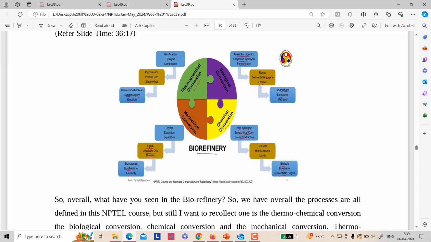It will produce cellulose, hemicellulose, lignin, and finally, from there we can produce biofuel, bioethanol, fermentable sugars. Last one is the mechanical conversion. Here the methods used are drying, extraction, separation. Here also lignin can be produced as well as vegetable oils, biofuels are also produced, and it will lead to biomaterials, biochemicals and electricity as well.